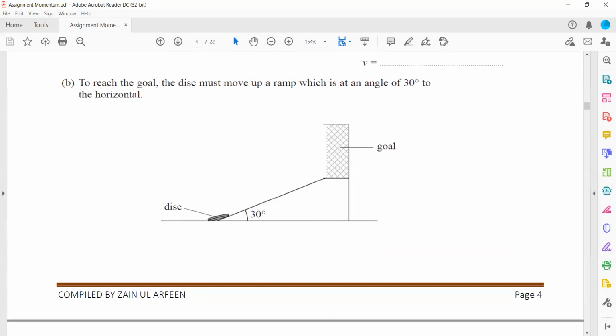So how can we work out the frictional force, the force which is opposing the motion? Here, the kinetic energy is converted into potential energy and work done against the friction. At the beginning, at this point, it has kinetic energy.